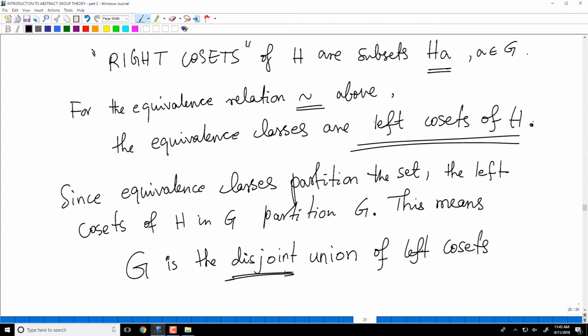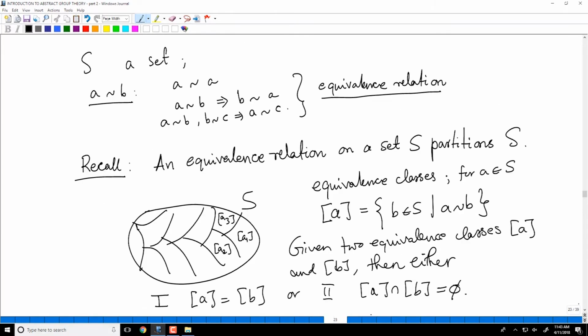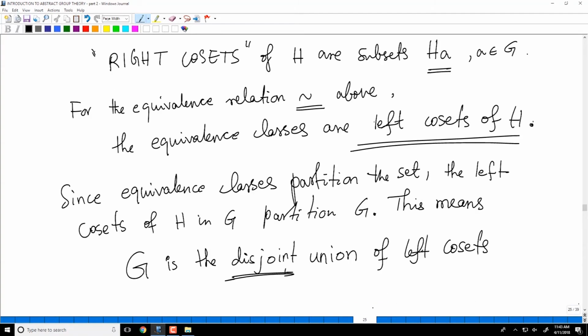Remember, this is automatically true for us because of the property of equivalence classes for an arbitrary equivalence relation. On an arbitrary set, two equivalence classes are either equal or they are disjoint. So in our situation, we are looking at a special equivalence relation on a group, and the equivalence classes are the left cosets, so they partition the group. So the group is the disjoint union of left cosets.